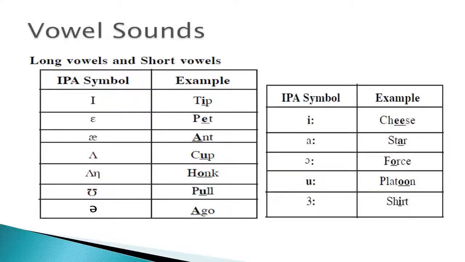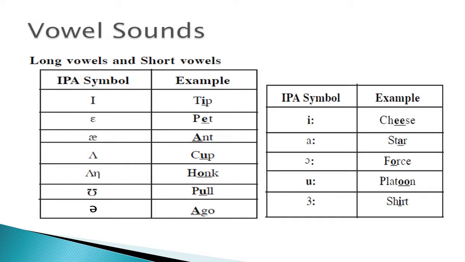E as in tip, A as in pet, A as in ant, A as in cup, O as in honk, all, honk. Then let's look at a shorter sound, U as in pull, put, book.